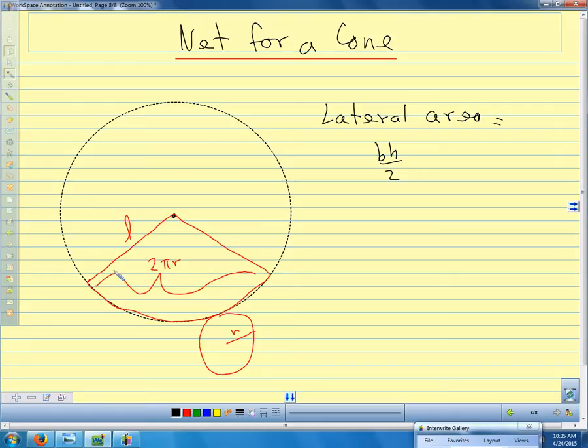What's the base of this curvy triangle? 2 pi r. And the height? If I draw this in there, isn't that L? If I drew the height there, that's just the radius of that circle. The height equals L. Divided by 2, those cancel, and I get pi r L. The lateral surface area of our cone is pi r L.